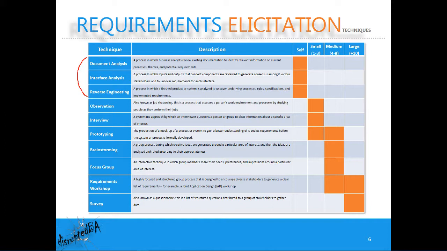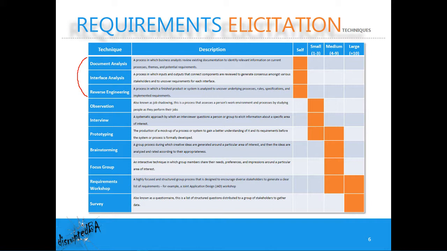In my personal opinion, again, this is not a fixed rule by any means, but my personal opinion is that document analysis should be mandatory for any project that you get involved in.